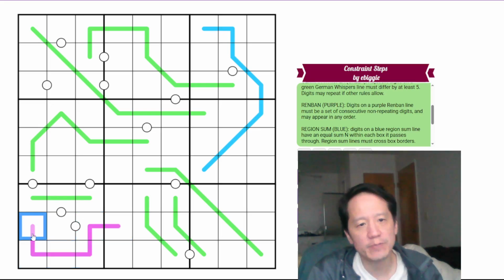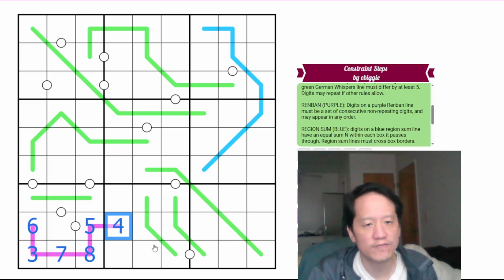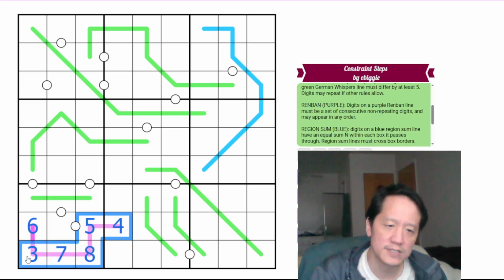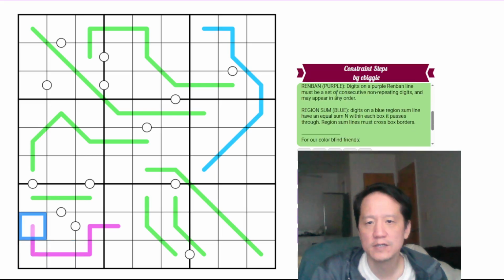So, for example, this could be something along the lines of 6, 3, 7, 8, 5, 4, right? Because they're consecutive, they are not repeating, and that's the only requirement for a Renban line.